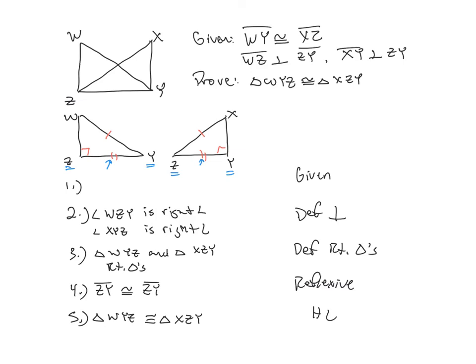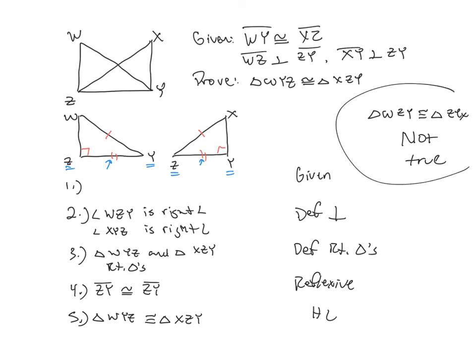But like I could not say WZY is congruent to ZYX, because it doesn't follow the same order. Okay, like the X goes with the W, so it would have to start with X. It went W and then down to the right angle, which is Z, so it would have to be X to the Y.